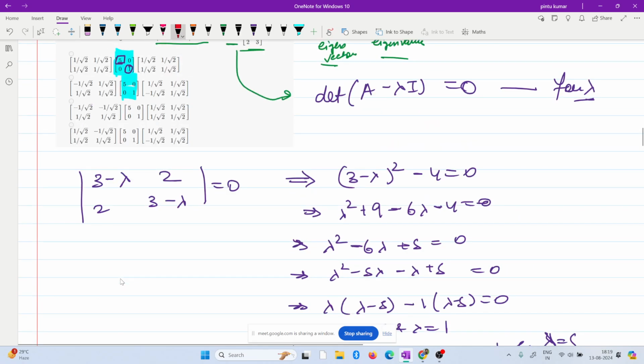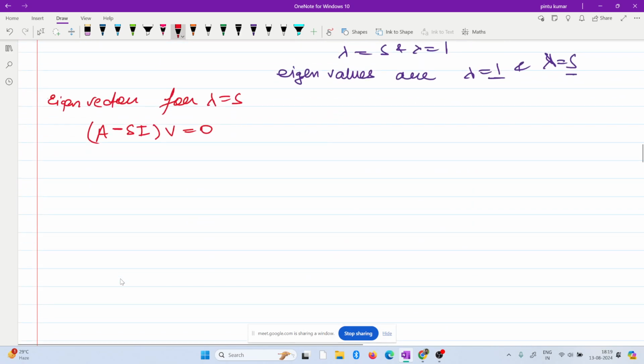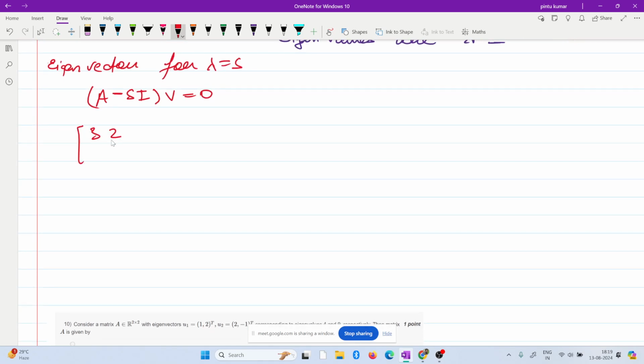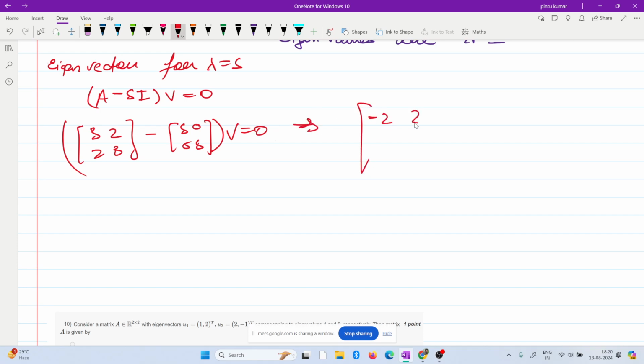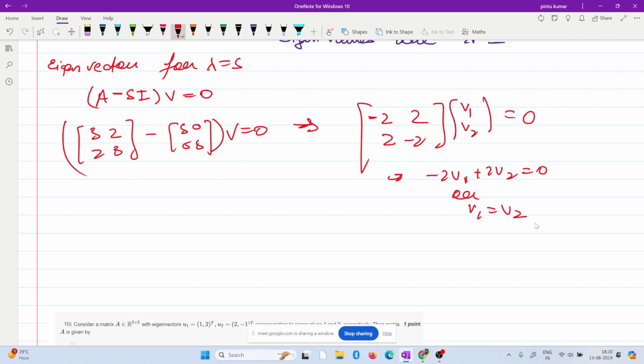So my matrix A was 3 2 2 3, minus 5 0 0 5, times v is equal to 0. So this would mean minus 2 2 2 minus 2, times v1 v2 is equal to 0, or this would just mean that minus 2 v1 plus 2 v2 is equal to 0, or v1 is equal to v2.